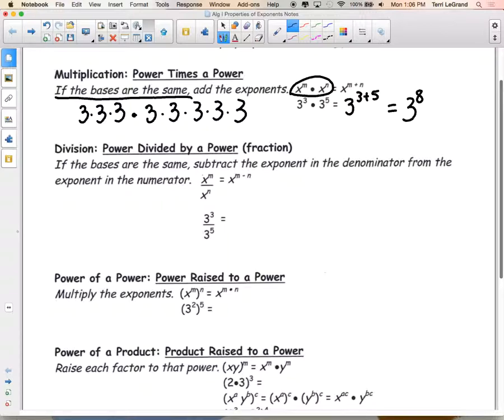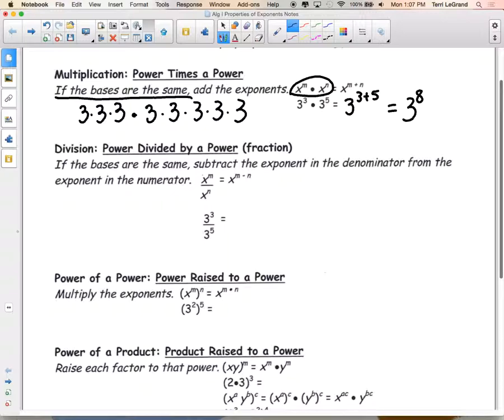Oh, okay, now let's take 3 to the 8th power in your calculators. What's 3 raised to the 8th power? Why do I have some people here without calculators? No, that was the answer. 3 to the 8th power is the same as 3 to the 3rd times 3 to the 5th, so we're expecting to get the same value, which is 6,561, right?